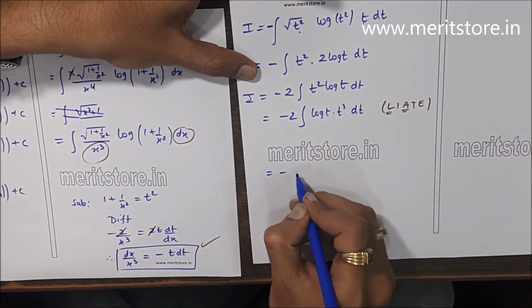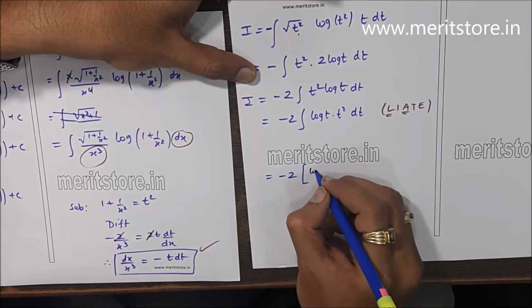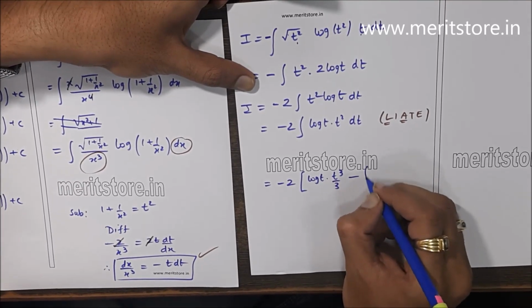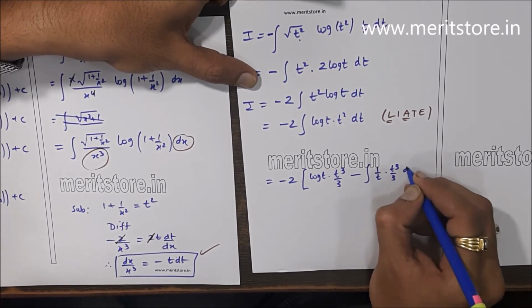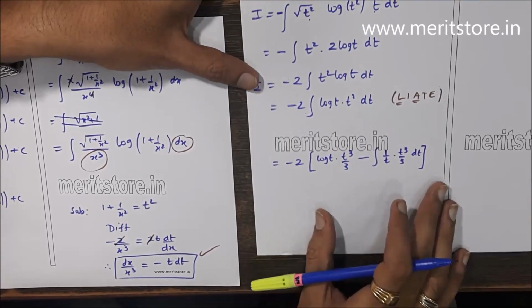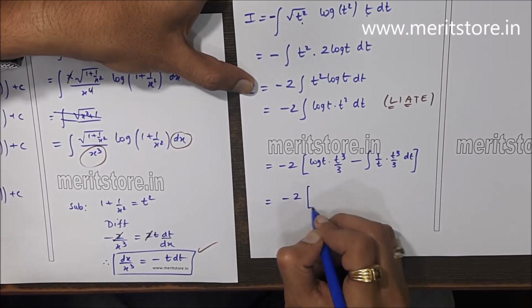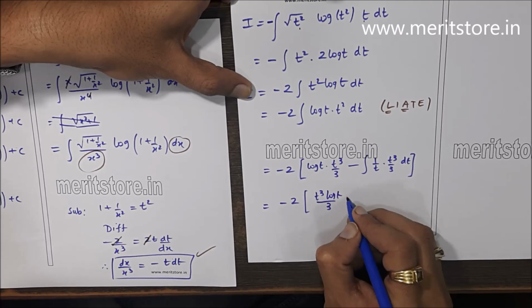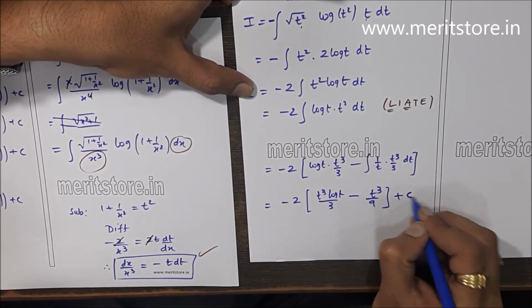Applying u into v, I'll get minus 2 of the whole bracket: log t into t cube upon 3 minus integral of 1 by t into t cube upon 3 dt. Simplifying, minus 2 integral of t cube log t upon 3 minus t cube upon 9 plus c.